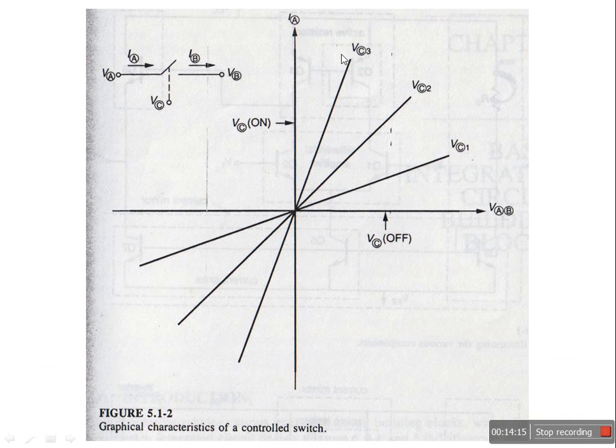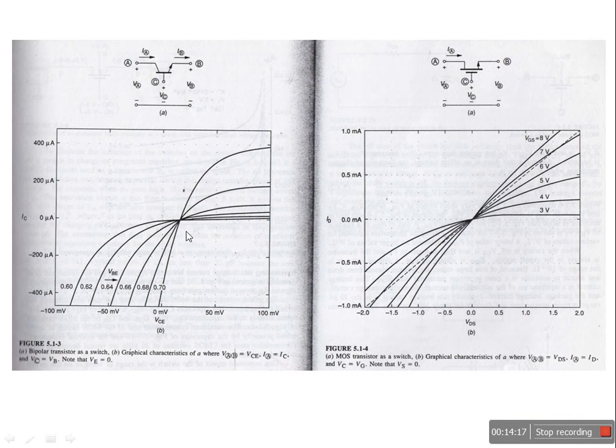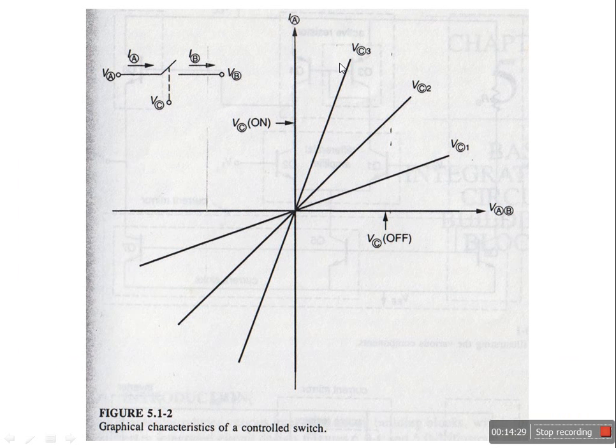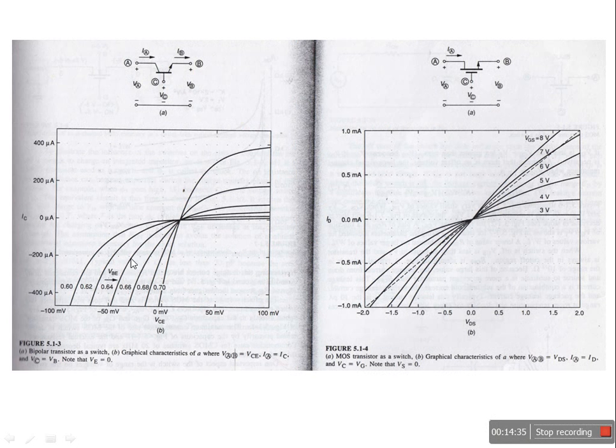Here are the straight lines, and there is a lot of bending, and even they are not in the same proportion in this quadrant and this quadrant. Like you see, this is a straight line, this is a straight line, this is a straight line. But in case of BJT, the plot between VCE and IC.